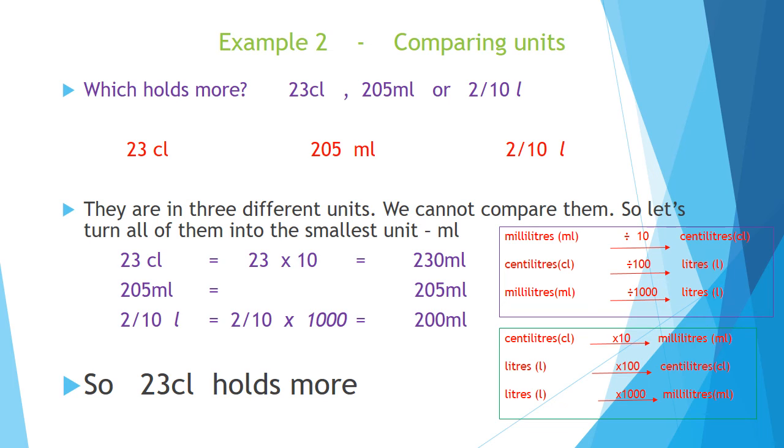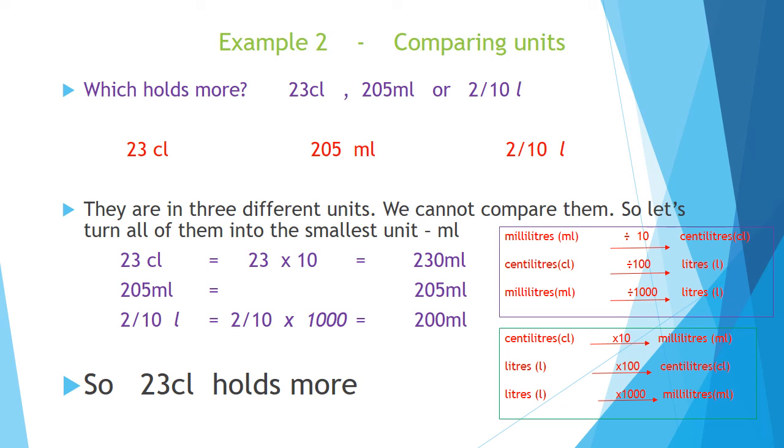You have to convert all the units into one unit. Let's choose milliliters because it's the smallest, so we only have to multiply. No need to divide when we choose the smallest unit. It's easier. We will turn everything into milliliters.